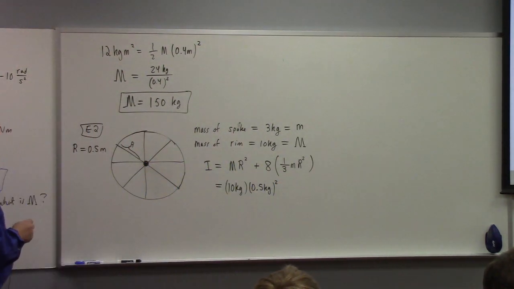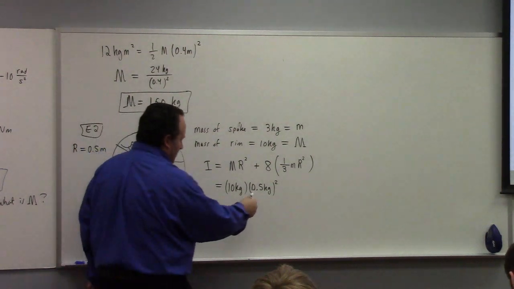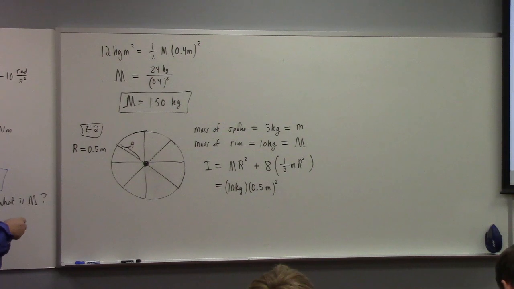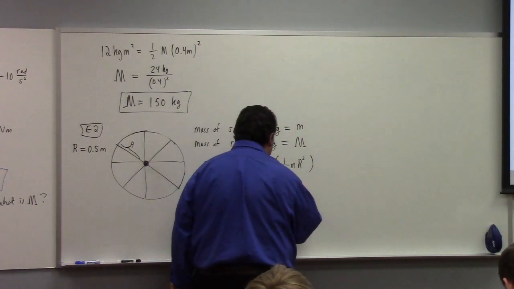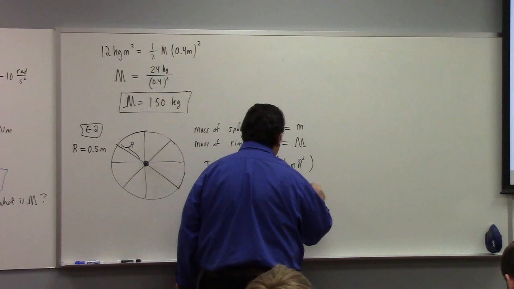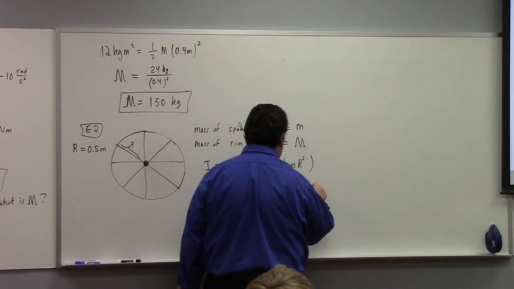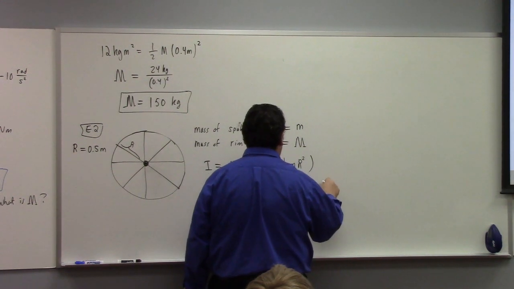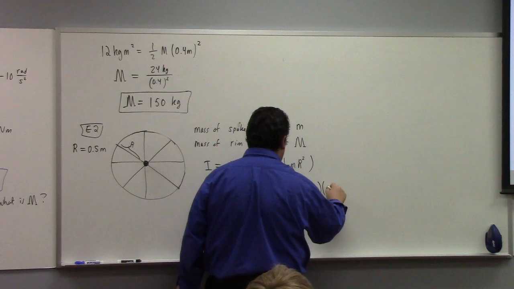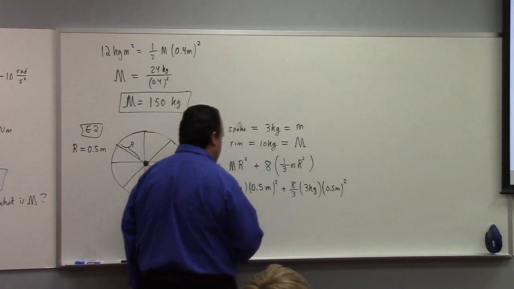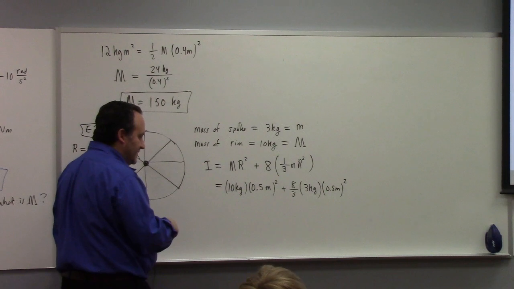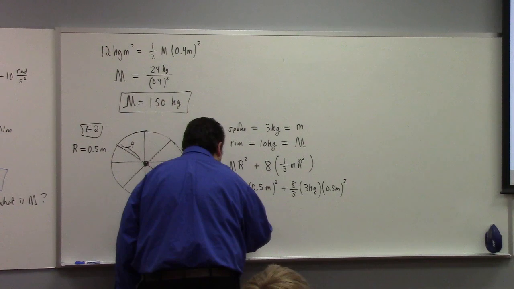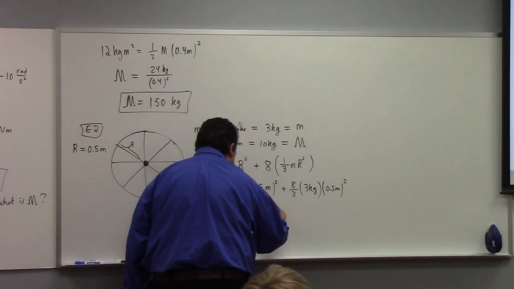Wait a minute. Do I square kilograms? That seems wrong. Meter. And let's see here then, plus 8/3. And what do I got? I said 3 kilograms. Hey, that worked out nice. That was an accident. 3 kilograms times 0.5 meters squared. The 3's cancel. You get 8 plus 5, so 13 kilograms times 0.5 squared, whatever that works out to.